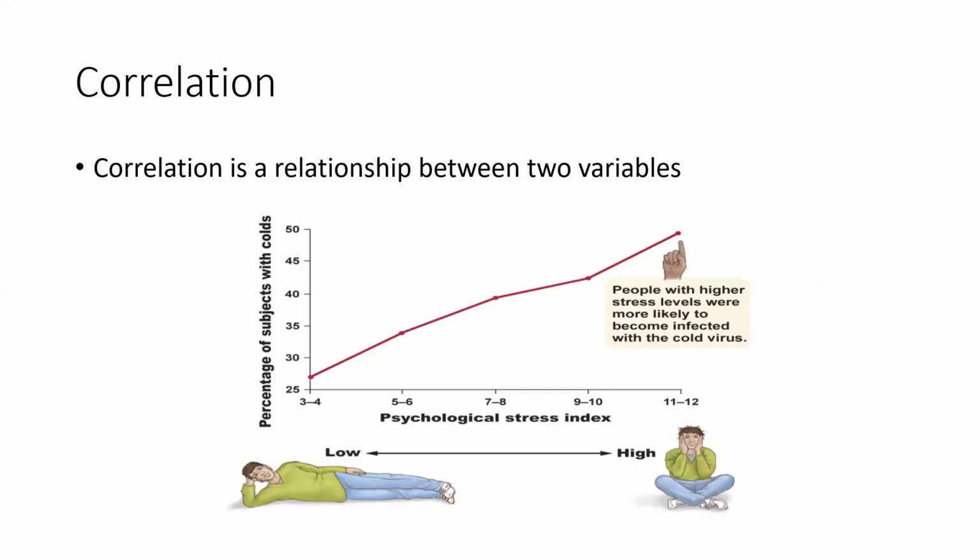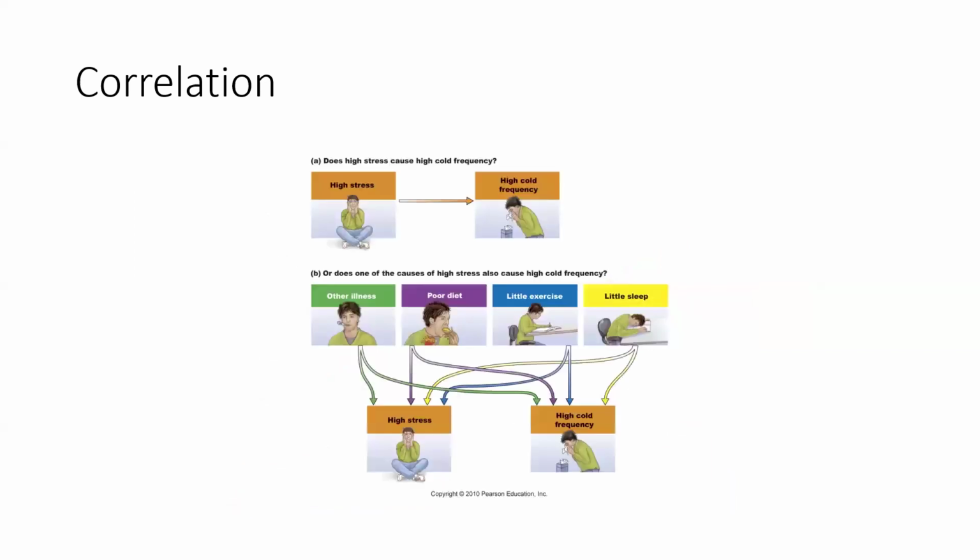For example, according to this graph, people who are more stressed out are more likely to catch a cold. Some people might conclude that stress, therefore, causes colds. But correlation, like I said, does not necessarily imply causality. Causality means a cause and effect relationship. There are other things that could cause a person to be stressed.